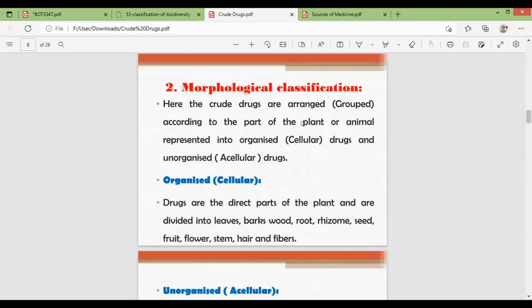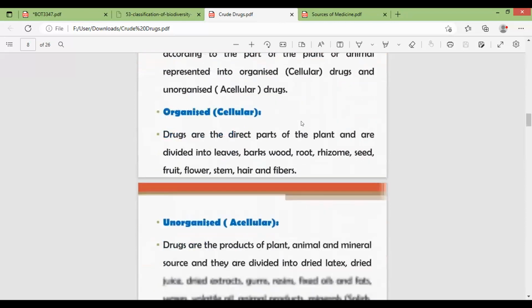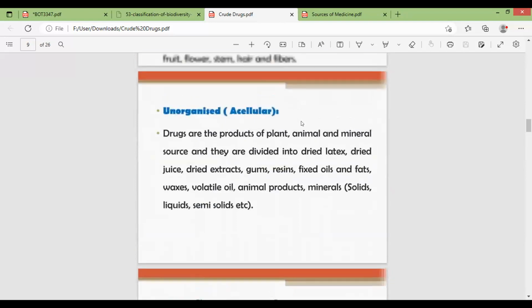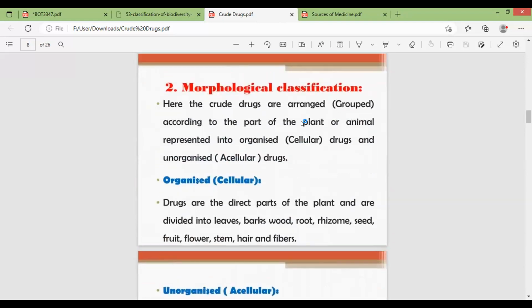Morphological is according to the part of the plant or animal represented, organized and unorganized. Here I want us to just look at it in simple terms, in terms of morphological classification. They can be either organized or unorganized, right?